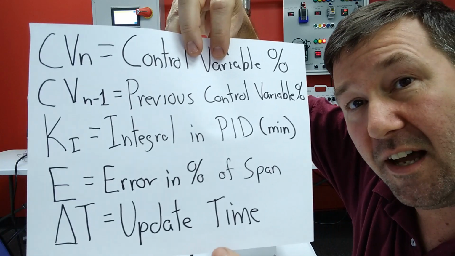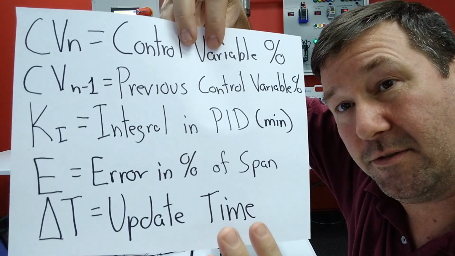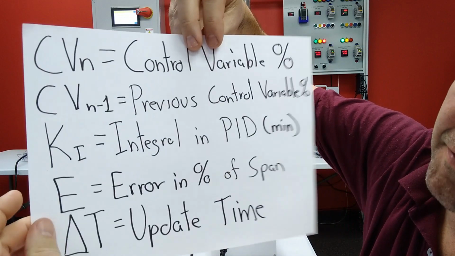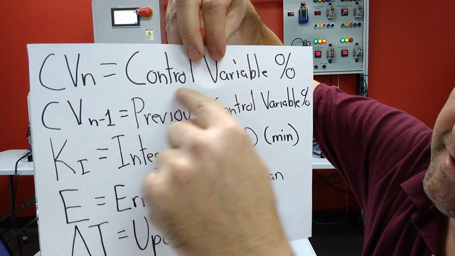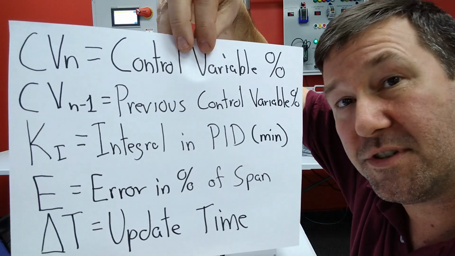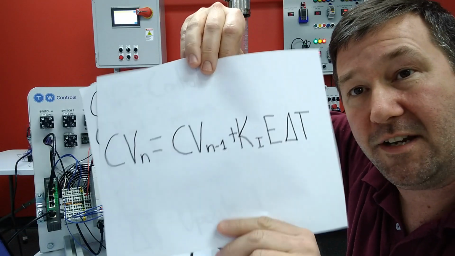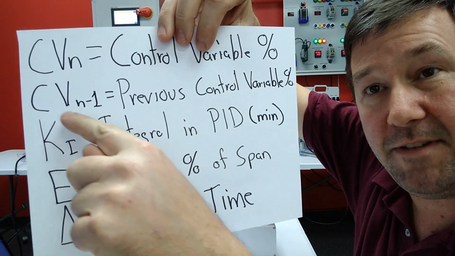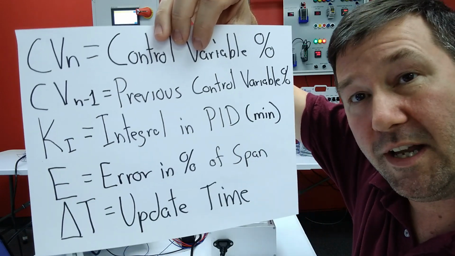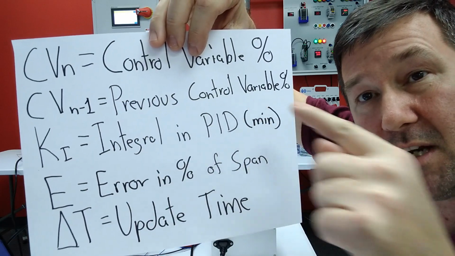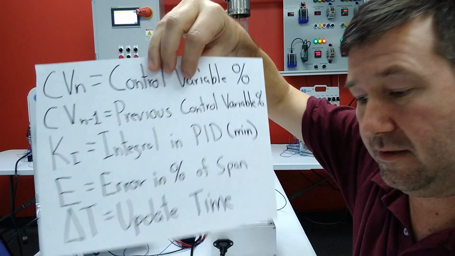Yeah, I know there's a lot of words here, guys, but I'm trying to break down this integral as basic as I can. First we have CVn, and that's our control variable percent. That is going to be this first piece right here. Then we have CVn minus 1, and that is the exact same thing as the above, except it's the previous control variable.